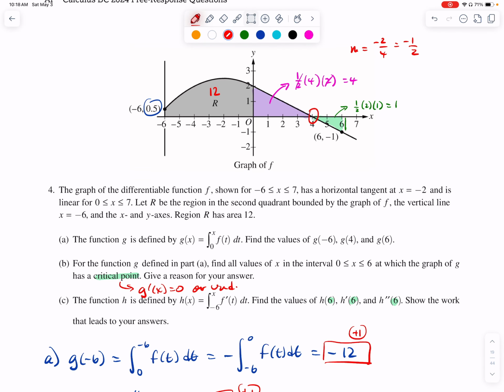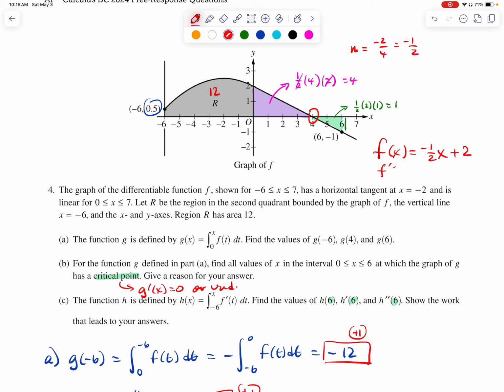So at 6, even beyond 6, to the left of 6, all of this is a line, and a line has 0 concavity. In other words, if you had the equation of that line, which should be something along the lines of f of x is equal to -1/2 x plus, oh, we even have the y-intercept, so we can write it exactly right. So it'd be something like that.